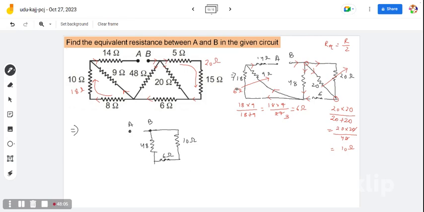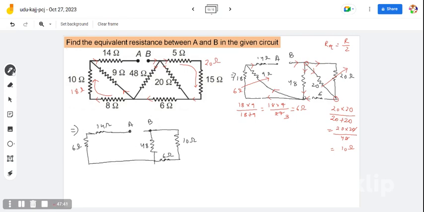Now these two were in parallel. So from A what we will get? We will get a 14 ohm resistance, and these two were in parallel. We got 6 ohms. So through a 6 ohm resistance it will meet to this point. So it will get joined to this point.